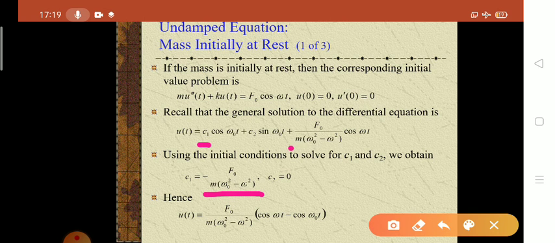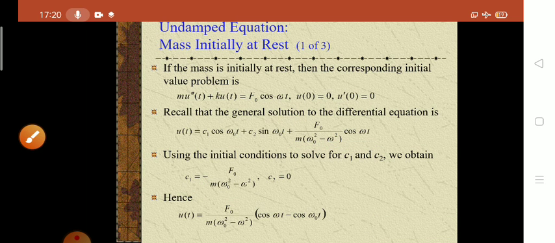But here the same term is available, f0 divided by m into omega 0 square minus omega square into cos omega t, but the sign is positive and here the sign is negative, so both terms are going to be cancelled.